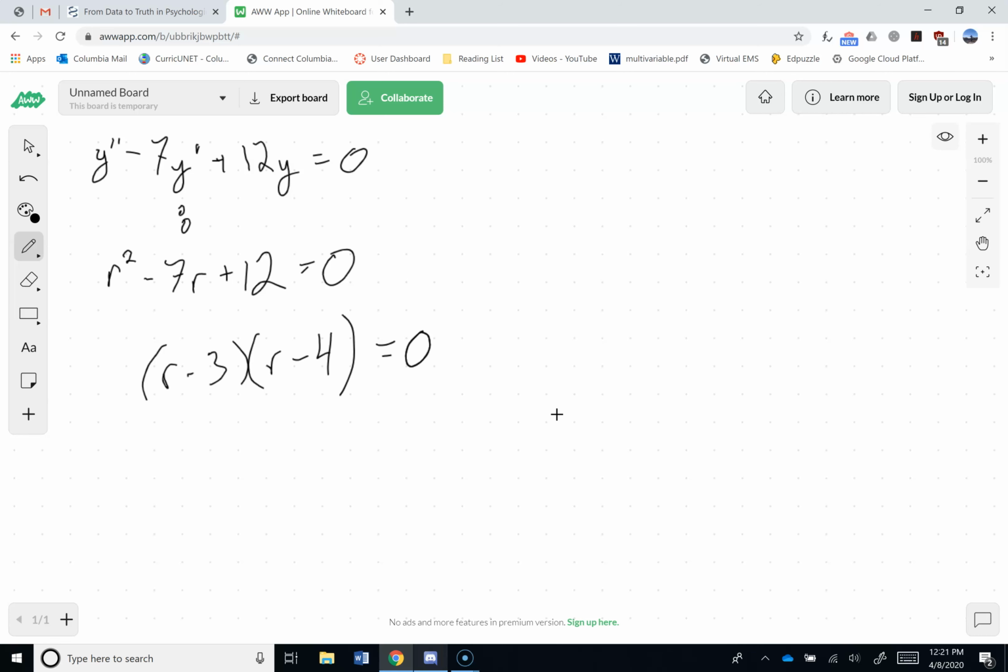Okay, check. So r is 3 and r is 4 are my solutions. And so my general solution to this equation happens to also be the homogeneous solution, right? It's some constant a e to the 3t plus b e to the 4t.